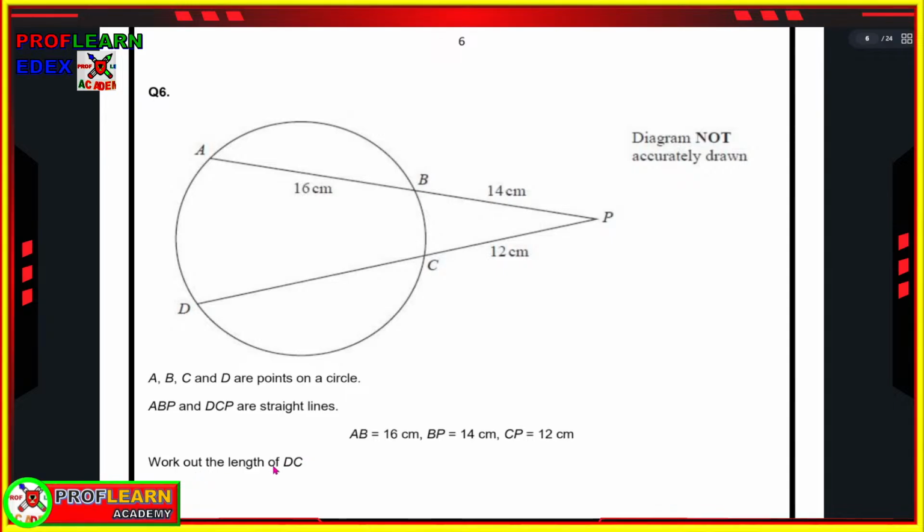So work out the length of DC. We can let this be x, and we are going to use the relation that AP times BP should be equal to DP times CP.